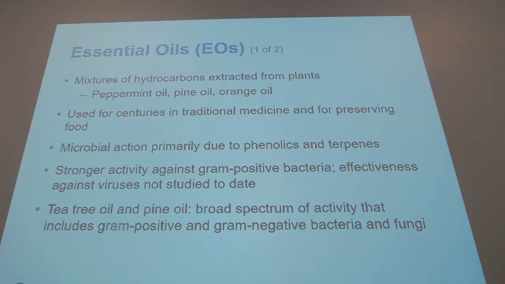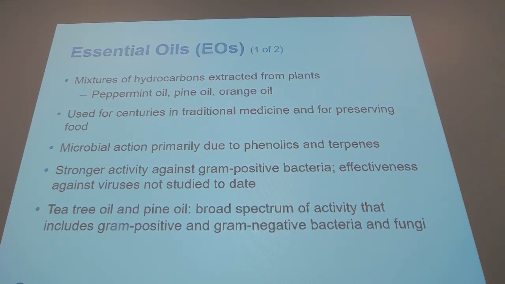Essential oils. These are extracts of oils that exist in some plants, like peppermint, pine needles, and orange peels. They have been used for centuries as part of traditional medicine or to help preserve food. Some of these have phenolics naturally and terpenes, like in the case of pine oil.